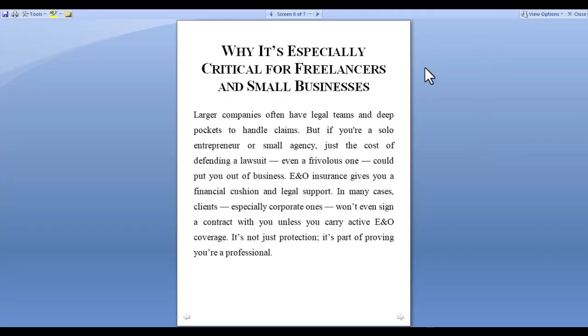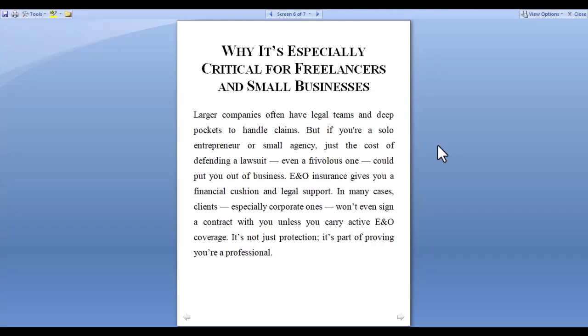The next page just says why it's especially critical for freelancers and small businesses. Larger companies often have legal teams and deep pockets to handle claims. But if you are a solo entrepreneur or small agency, just the cost of defending a lawsuit, even a frivolous one, could put you out of business.